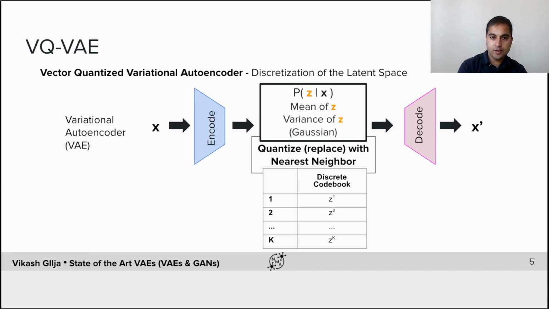What the VQ-VAE does is it introduces a codebook. And so that codebook replaces the continuous valued latent representation with a nearest neighbor in that discrete codebook. And this has been a very effective technique for a number of problems, including the development of latent representations for human speech.